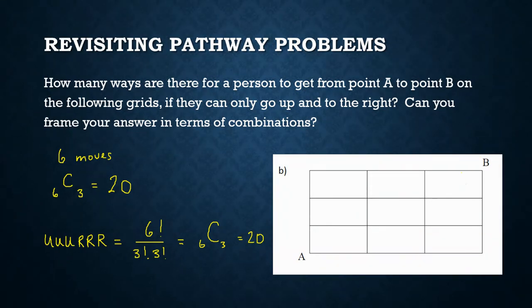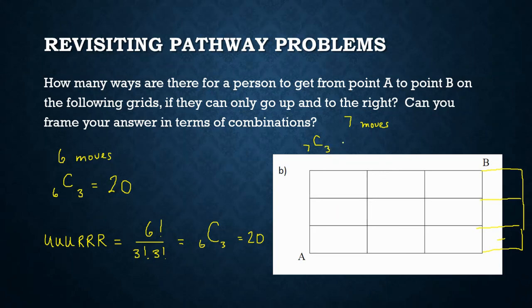Just as maybe one extra aside, what if, say, in this question, we had just one more block. So we'd have to go up 3 times and right 4 times. There would be 2 ways to frame this question. So there'd be 7 moves to make. And so you could ask, well, of my 7 moves, how many ways can I choose my 3 ups?